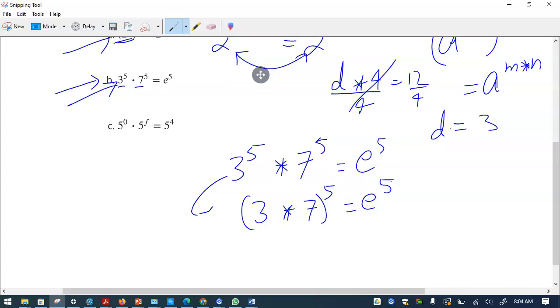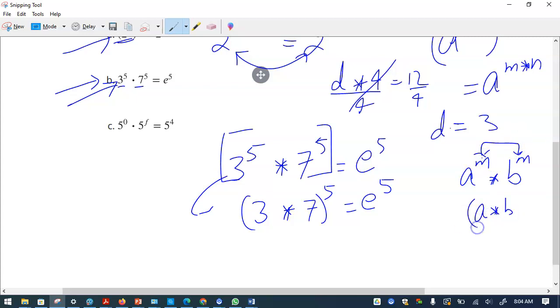So the property that we use here is if you have a raised to m times b raised to m, when you have the same exponent, we can write this as a times b, and then m. So this is the formula to be used here.